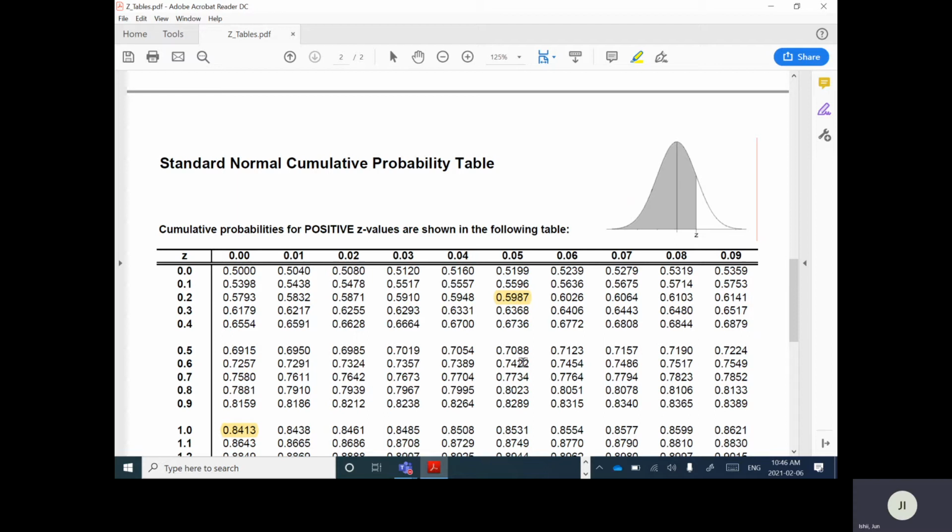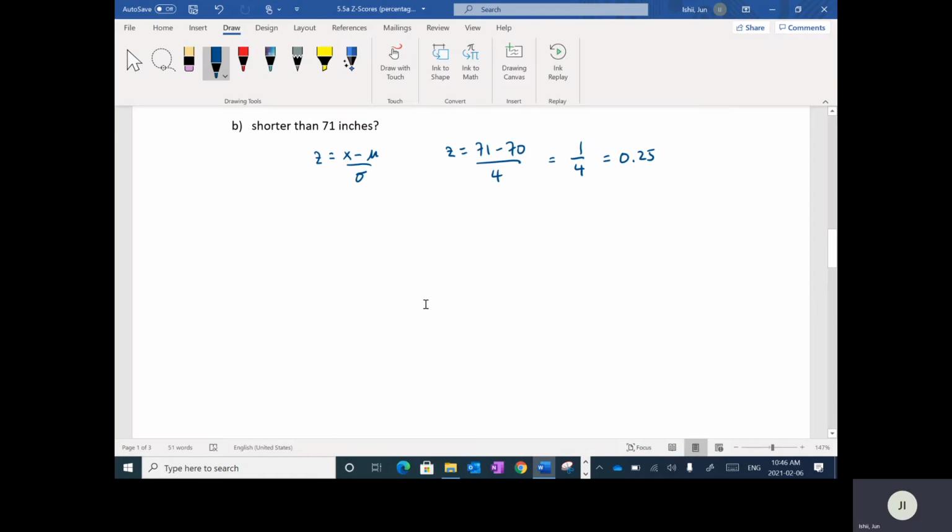So we get 0.5987. Real easy. Let's go back here. The Z percentage is equal to 0.5987.